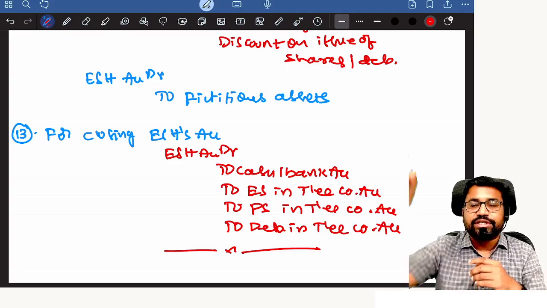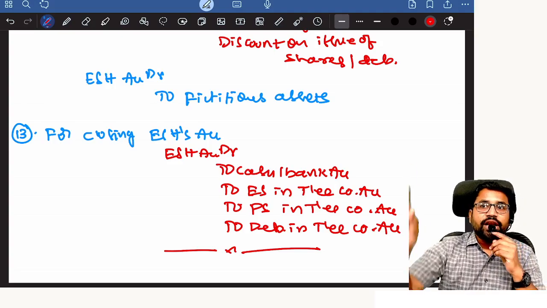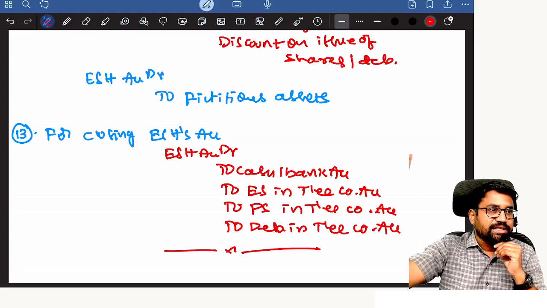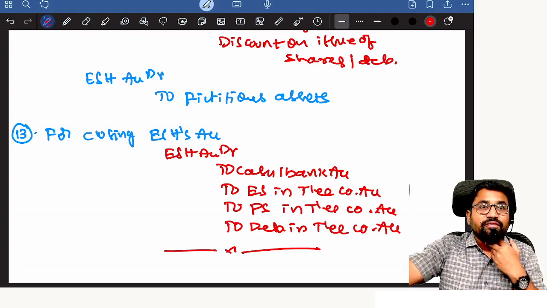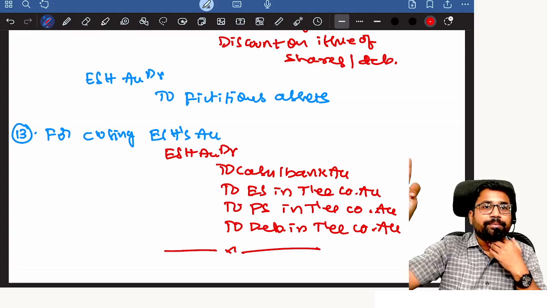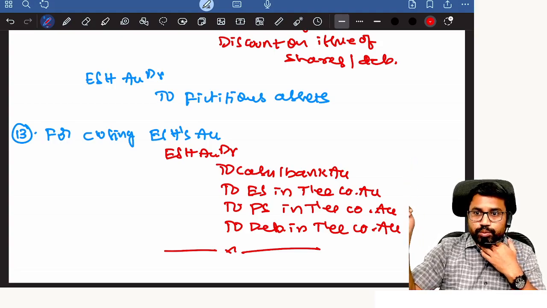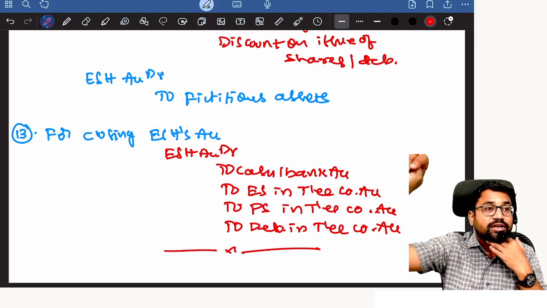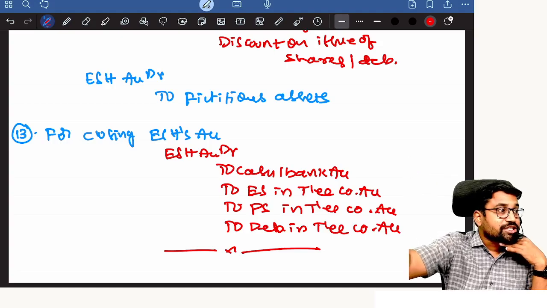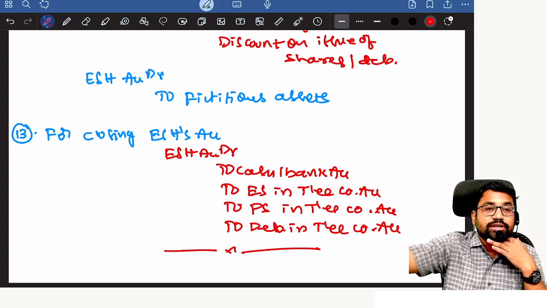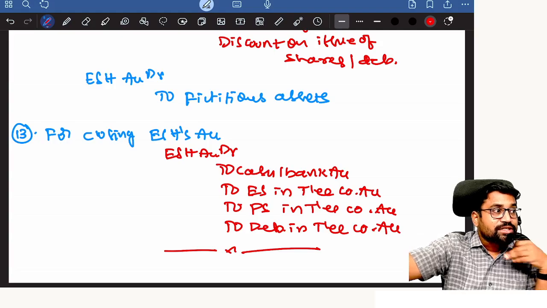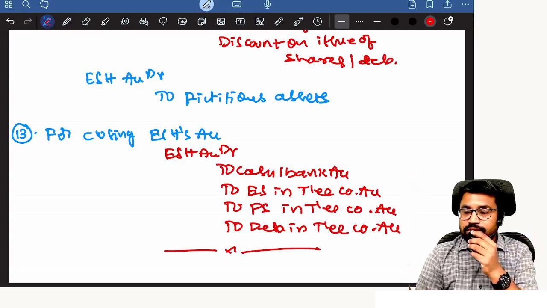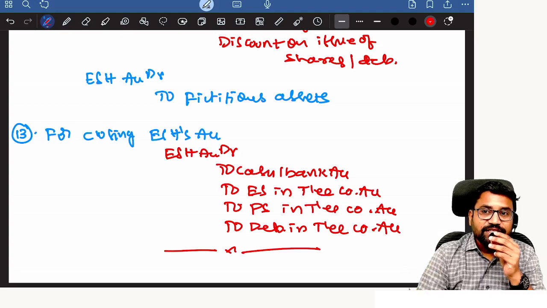Tell me the order. First, transfer of assets taken by transferee company. Second, transfer of liabilities taken by transferee. Third, PC due. Fourth, PC received. Fifth, sale of assets not taken over. Sixth, settlement of liabilities not taken over. Seventh, liquidation expenses.